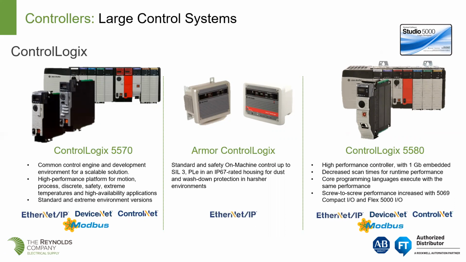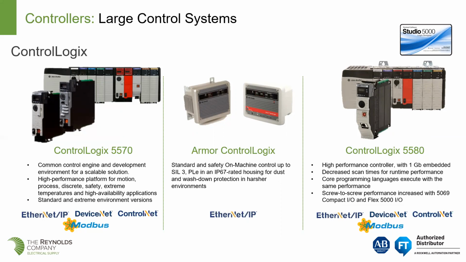And similar to the CompactLogix family, there have been several previous generations, and what Rockwell has always done is, as those older generation CPUs become harder or impossible to manufacture, they come up with a new generation of processor. And in the ControlLogix case, it's been really straightforward.